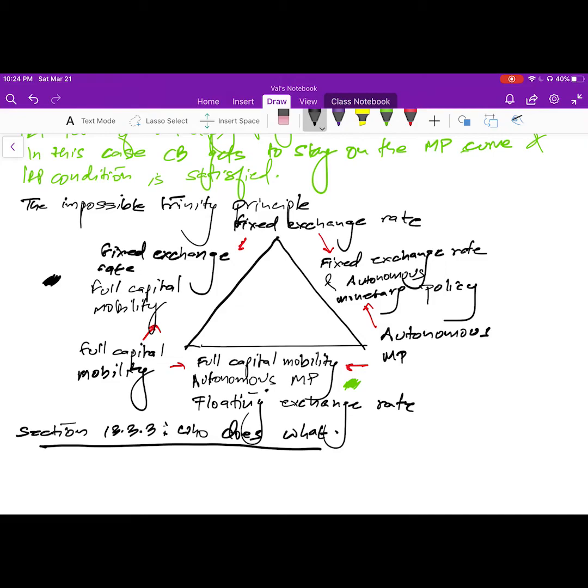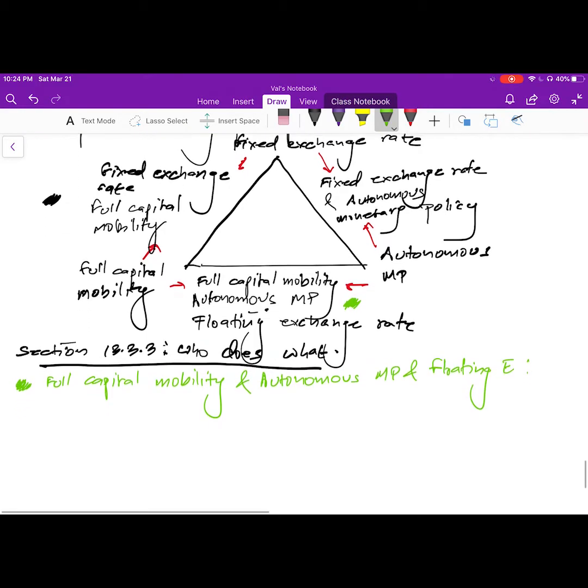So I'm going to write this in green pen because it corresponds to the green area or green example. Full capital mobility and autonomous monetary policy and floating exchange rate. Who does this?